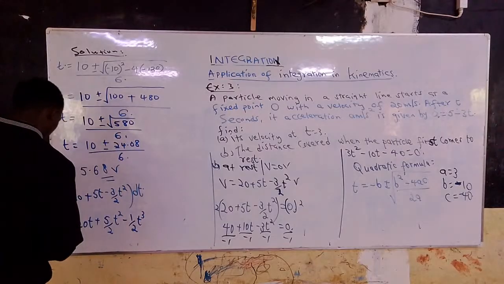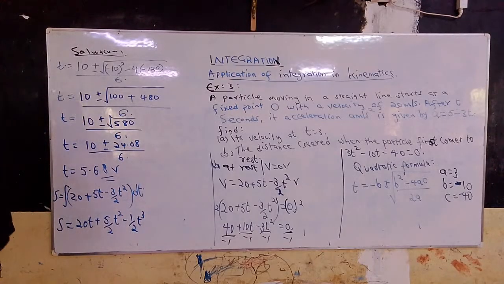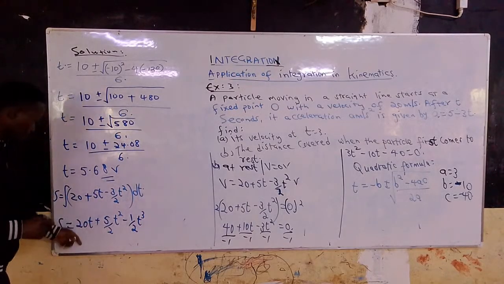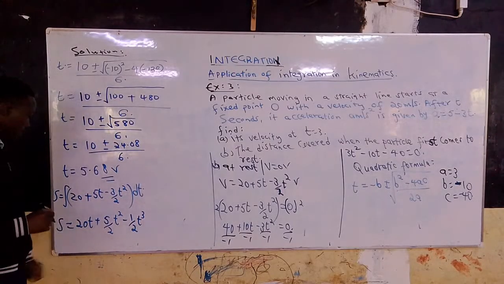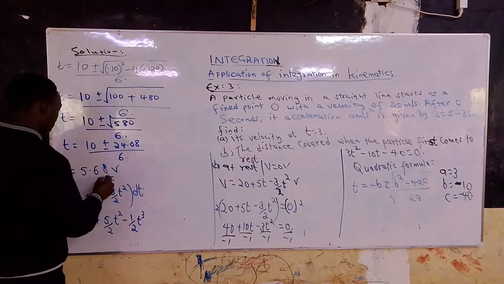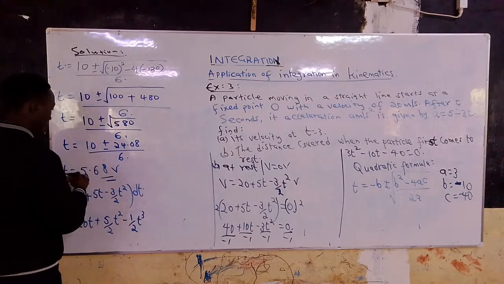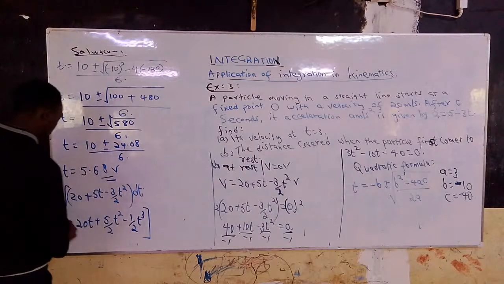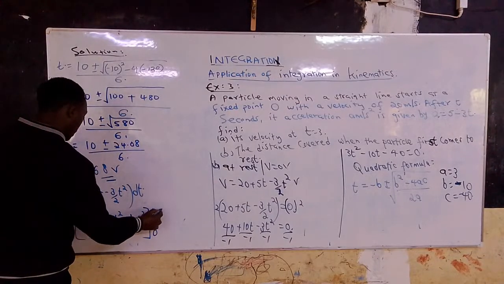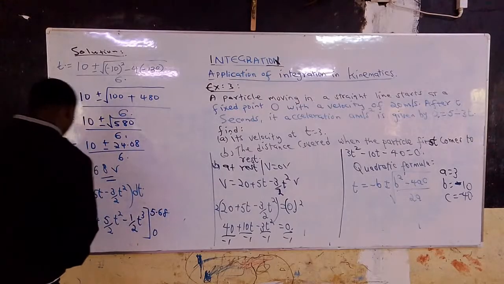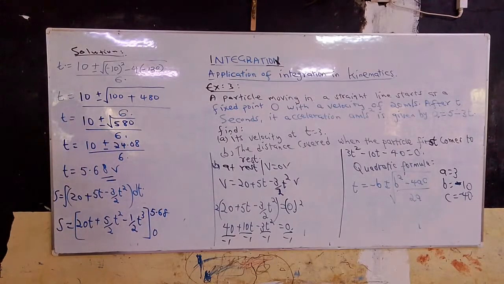So that will be the equation for displacement. And we are supposed to determine the distance when t is 5.68, so it is from 0 to 5.68.